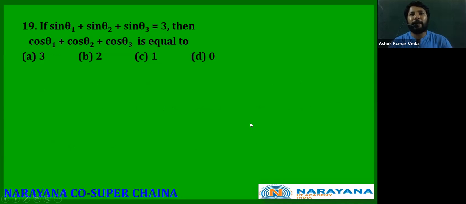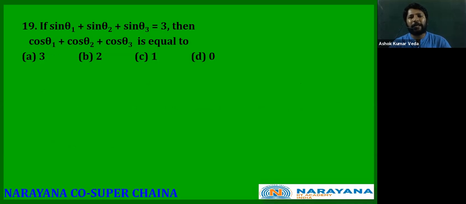If sine theta 1 plus sine theta 2 plus sine theta 3 is equal to 3, then cos theta 1 plus cos theta 2 plus cos theta 3 is equal to what? Now, we know how to convert in general between sine theta and cos theta, right? Because we know two identities.